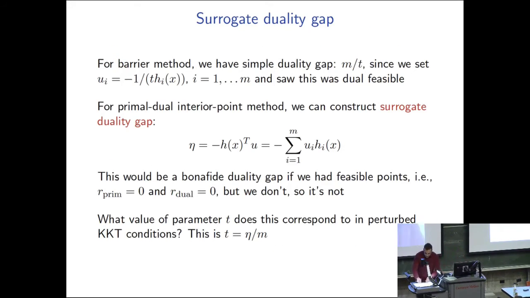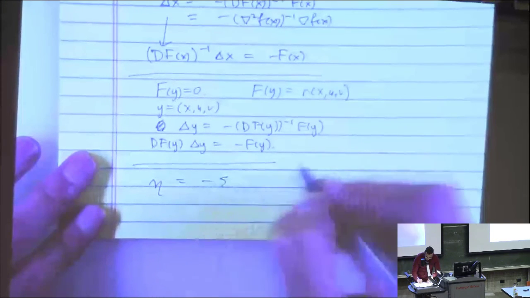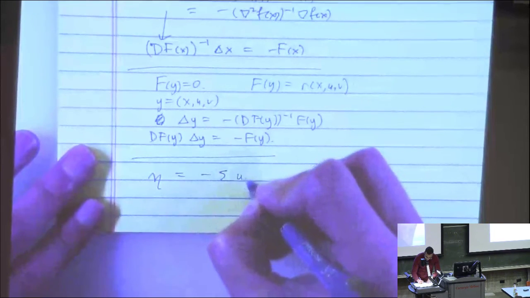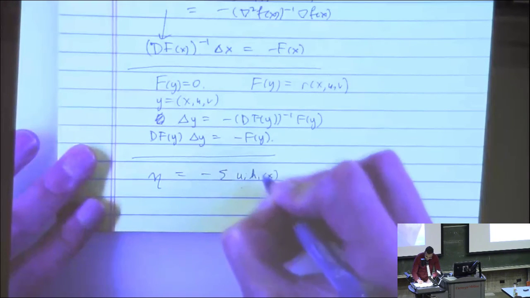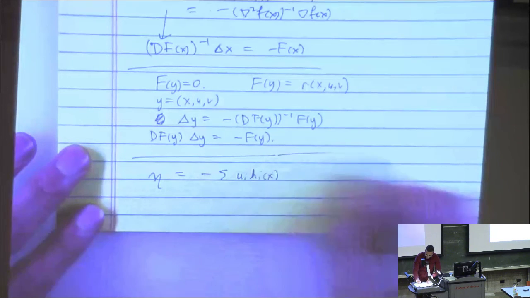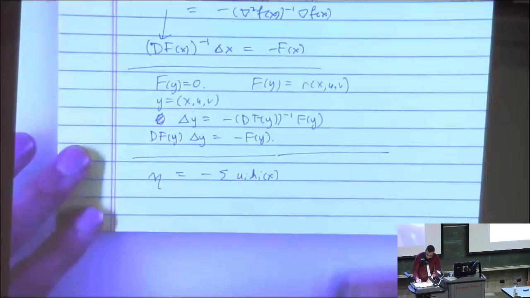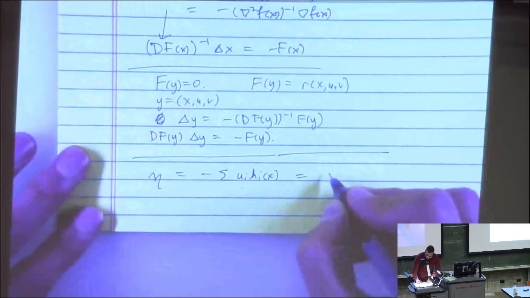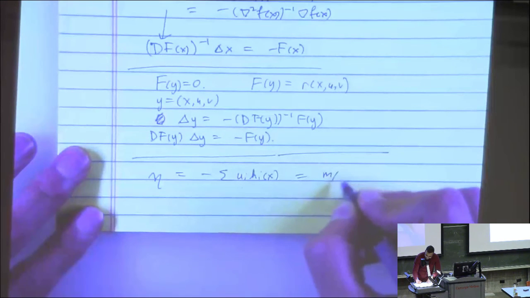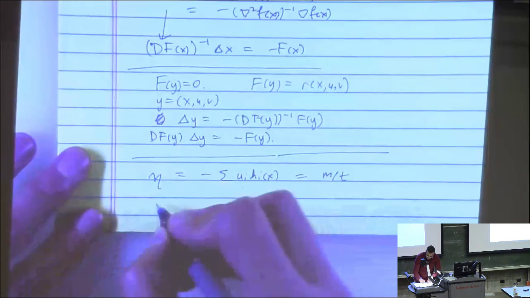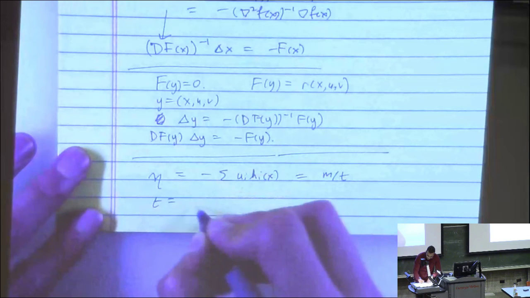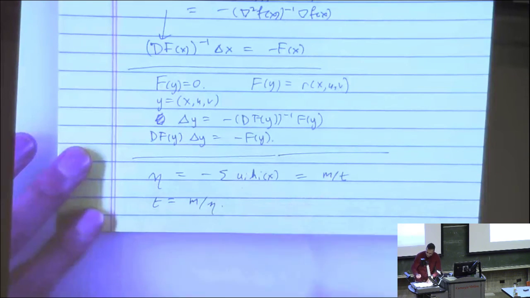Thank you. We had eta is just minus the sum of u_i h_i of x. And perturbed complementary slackness told us that the product of these two is minus 1 over t, so this would be m over t. And that means that t is going to be m over eta. Thank you. Just a typo.